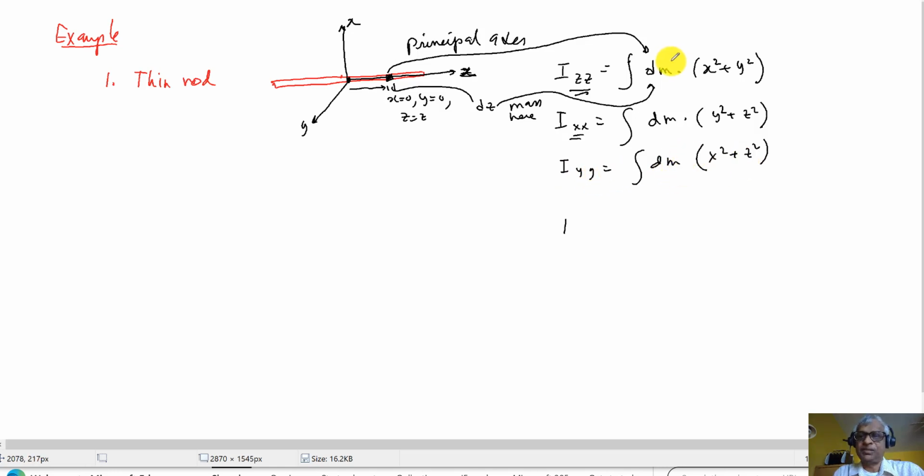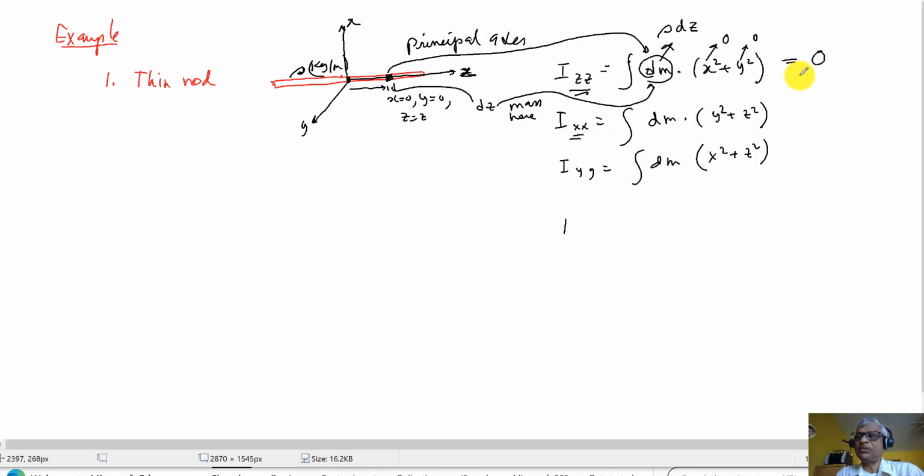And so what's this dm? Dm is, there must be some density, rho, kilograms per meter, because I'm on a linear thing. So this will be rho times dz. Now over here, x is 0, y is 0 for every element, so this actually is just 0.